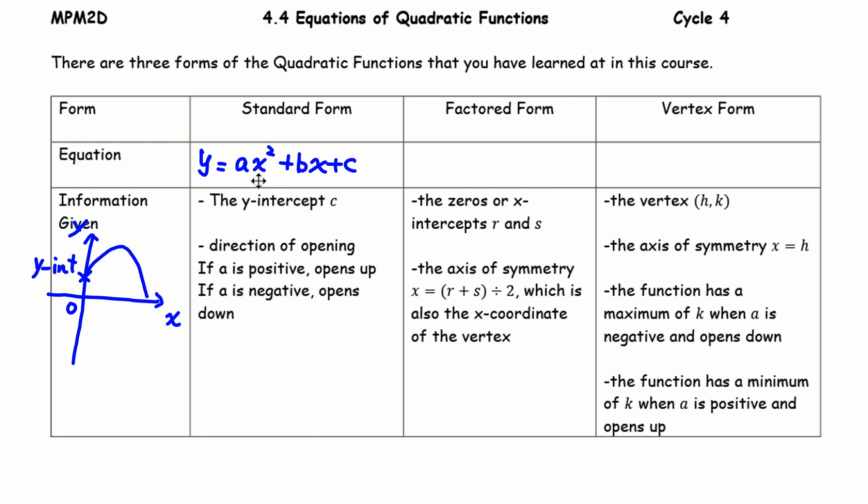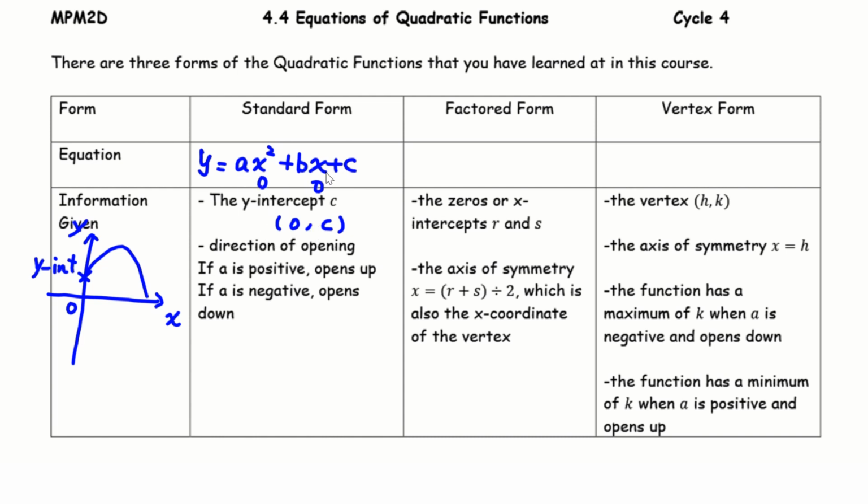So we sub in x equals 0 here. A times 0 squared is 0, b times 0 is 0, so you only have c left. So that is the reason the y-intercept is c.